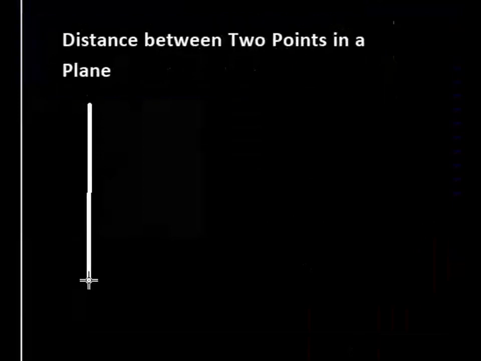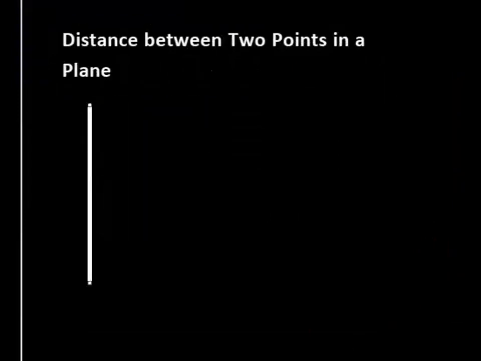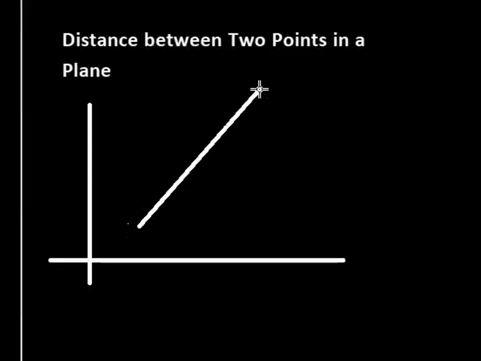Okay, so let's draw our graph. I always illustrate this with a graph. With a straight line graph, because basically plane coordinate geometry works with a straight line graph. Very important, really very important for you to consider, right? So now let's say this is a line that joins 2 points.